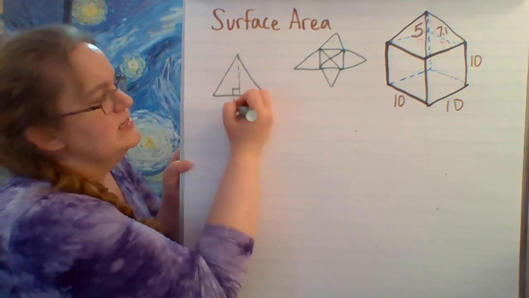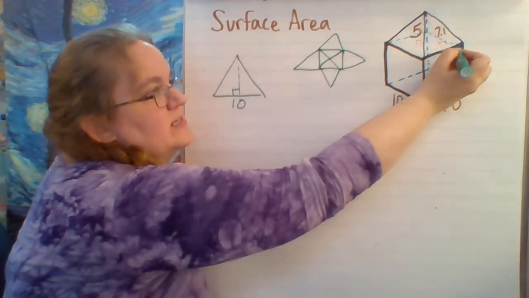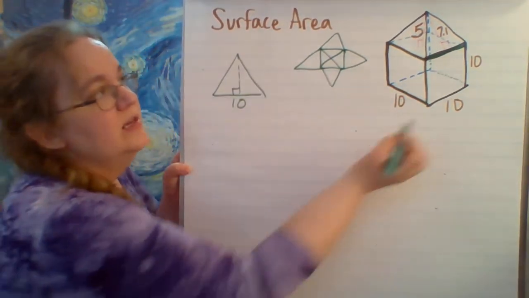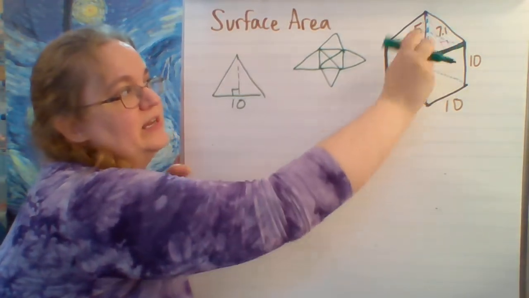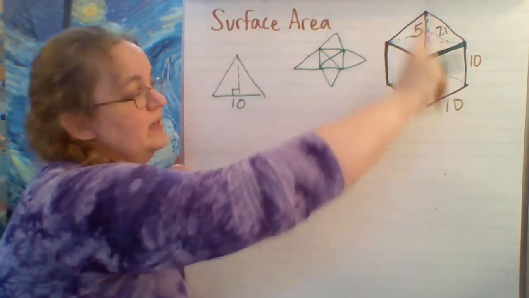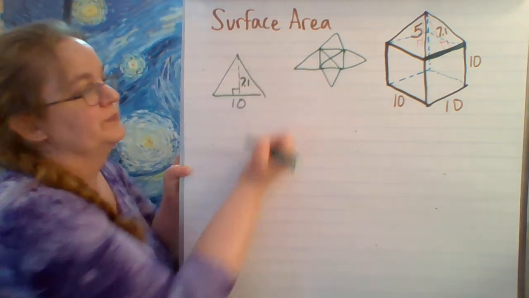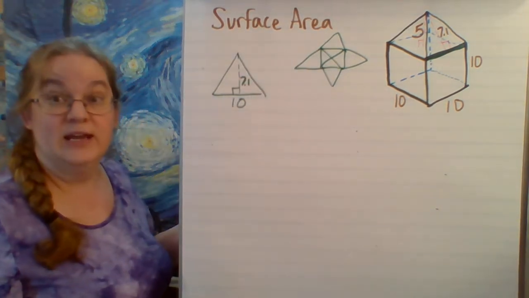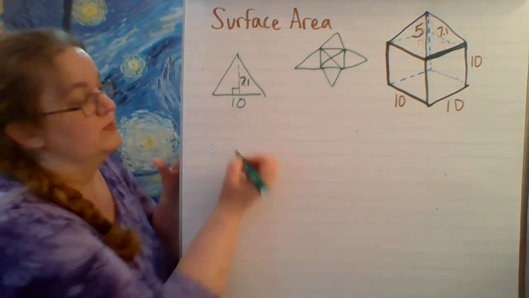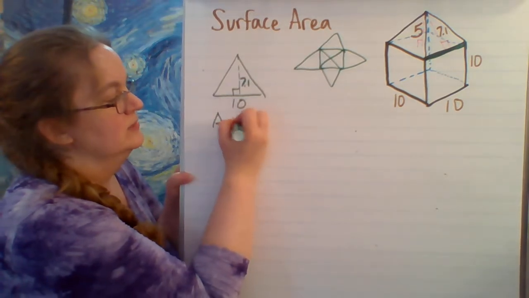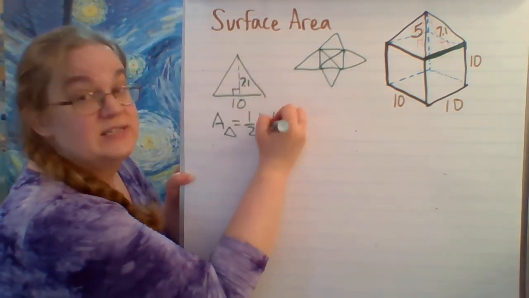All right, so the base is going to be 10 because this length right here is 10. And I'm going to use this slant height, not the internal height, but the slant height, which is 7.1. Okay, so once I've done that, I'm going to use my formula for the area of a triangle, which is 1/2 base times height.